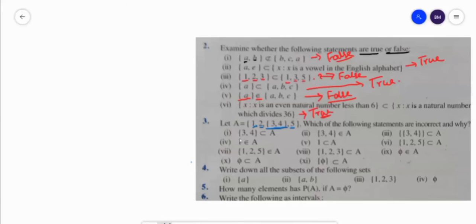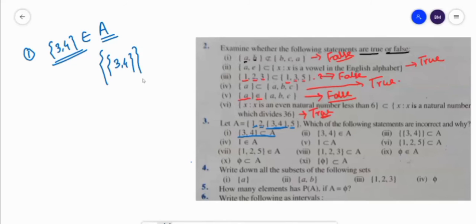First one, {3, 4} is a subset of A. This is false, because {3, 4} is an element of the set A. So we can write it belongs to A. It is not a subset of A. If you want to write in subset form, we have to write {{3, 4}} is a subset of A. First this is an element, and we have to take the subset of that.